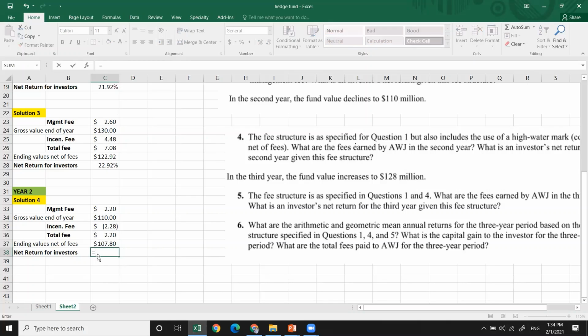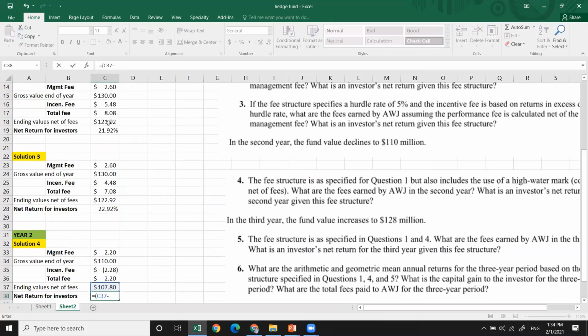And return to the investor, do you expect it to be more than 5% or less than 5%? Less than 5.